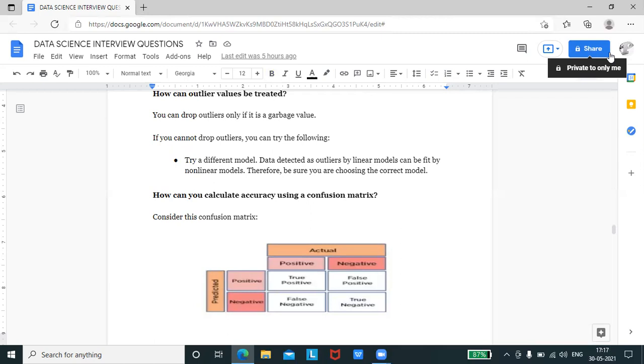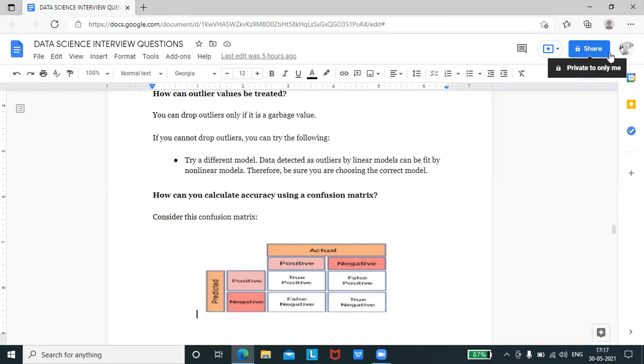So you can see in the confusion matrix there are some elements like true positive, false positive, true negative, false negative. And you can also see actual and predicted. When actual is positive and predicted is also positive, it's known as a true positive. It's a proper classification.